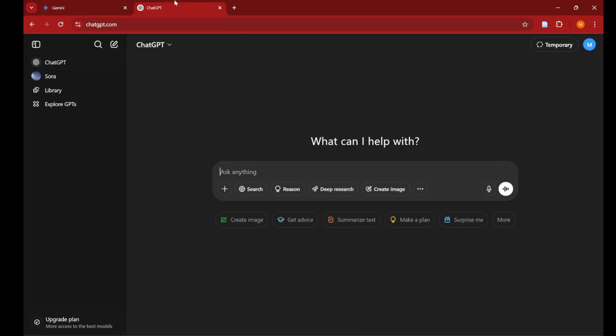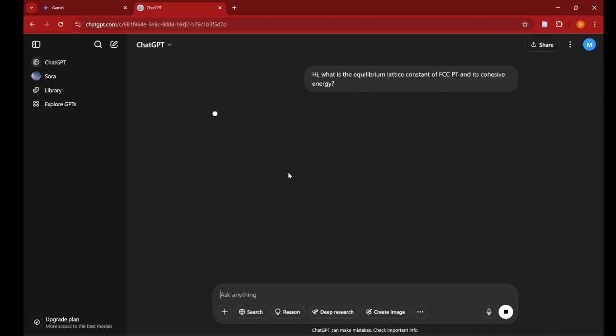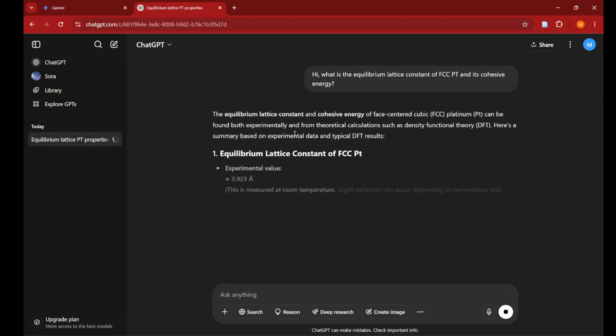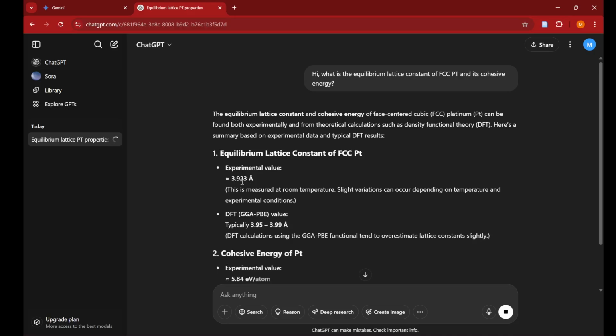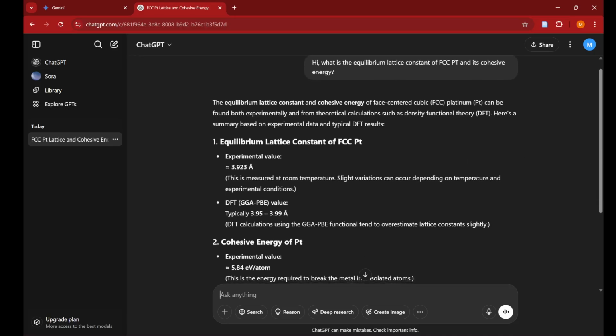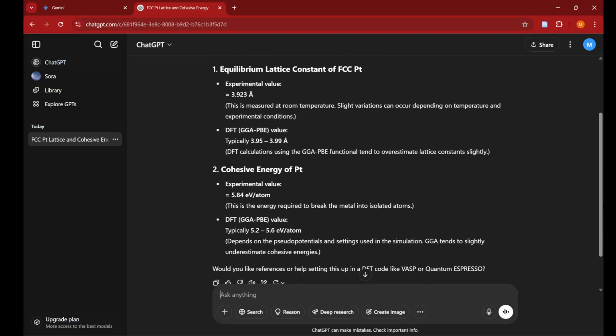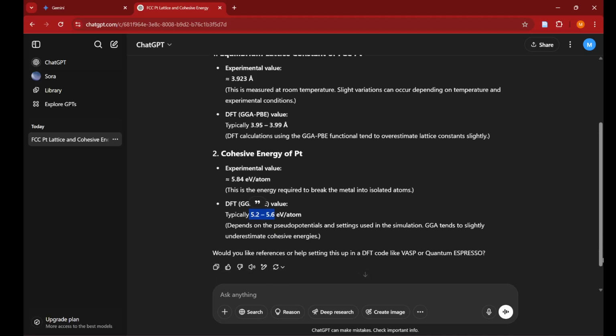Let's ask GPT. GPT, what do you think? All right, so it's given some answers. It's actually reporting some DFT values and the experimental cohesive energy, very nice. And it's claiming that density functional theory reports a range which is kind of lower than the experimental one.